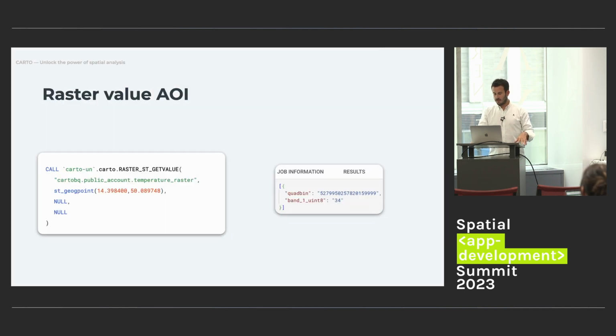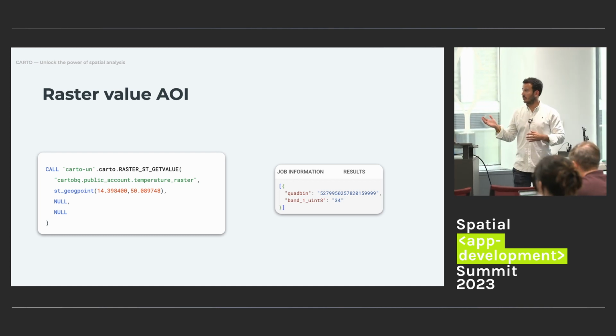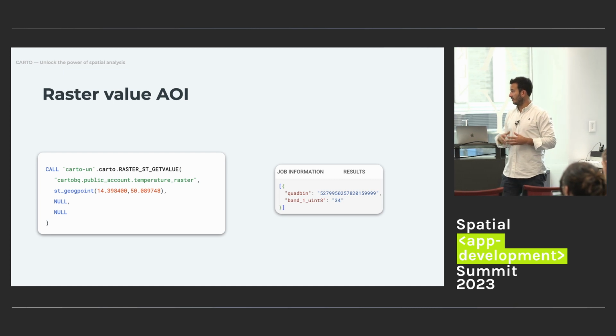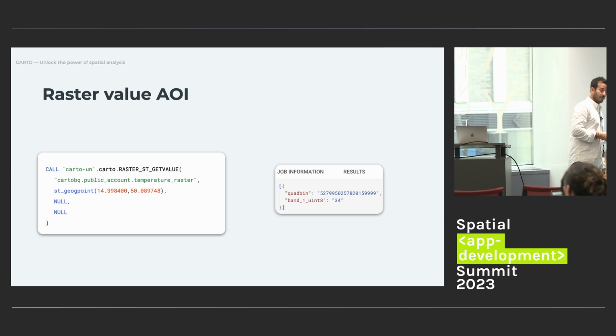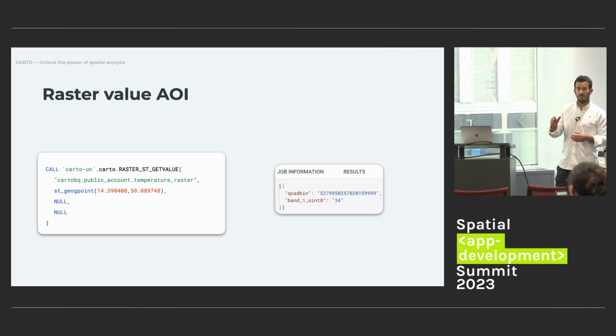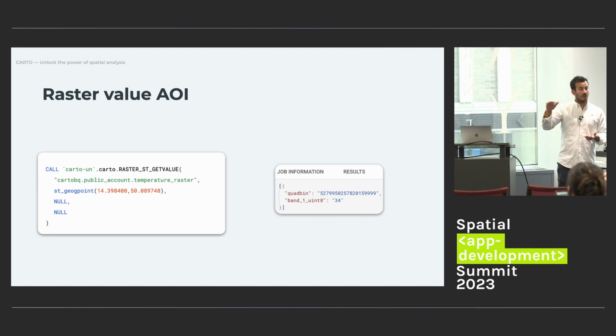Yeah, that's all regarding visualization. Another feature that is available is that you can also get the value of a specific point of your rasters. That is very useful also for telco companies that want to have a raster to analyze, for example, the coverage of the network, and then they have a public application where they click on a specific point and get the value from that, in a cost-effective way.